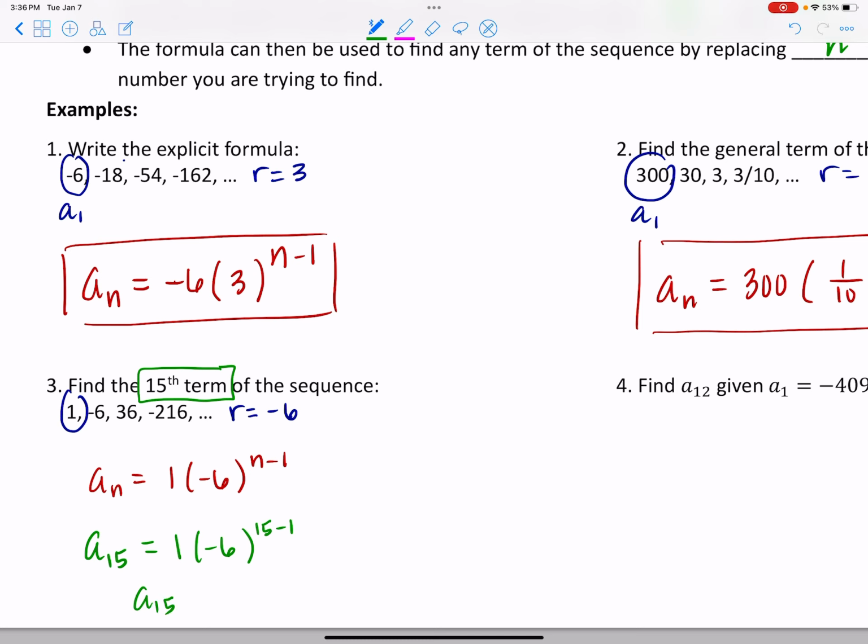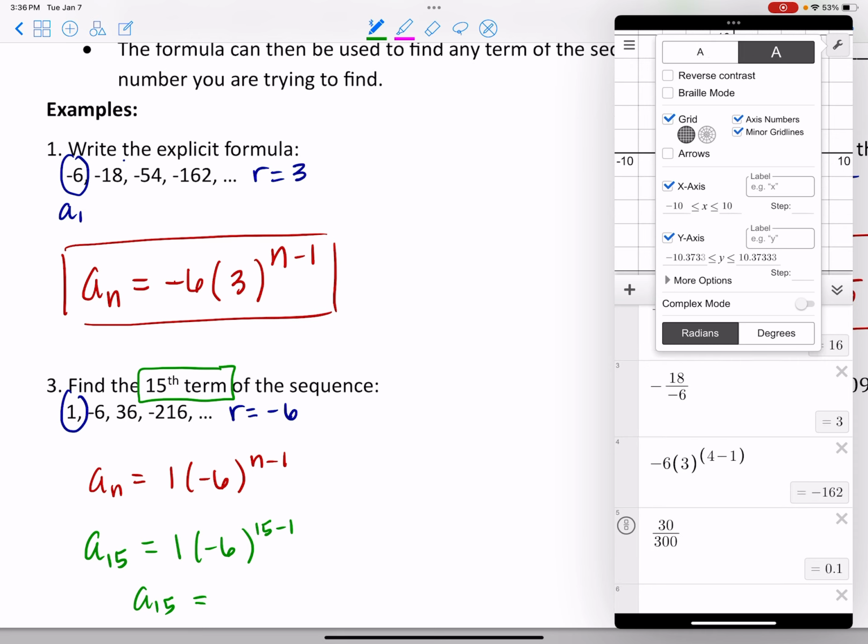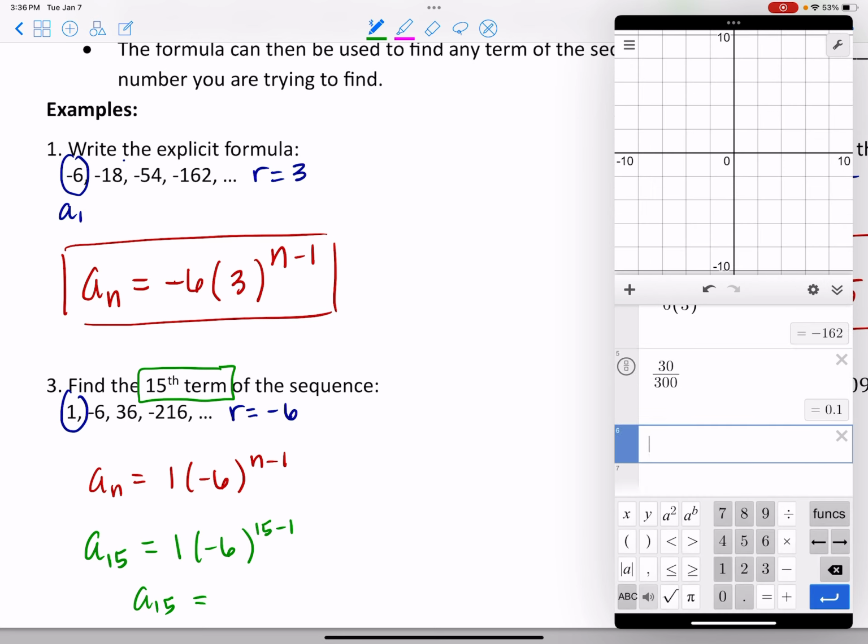This is notation here, so that's just going to stay a sub 15, but I want to figure out what is 1 times our negative 6 raised to the 15 minus 1 power. I hope you caught what I did to make an exponent using that a to the b button.